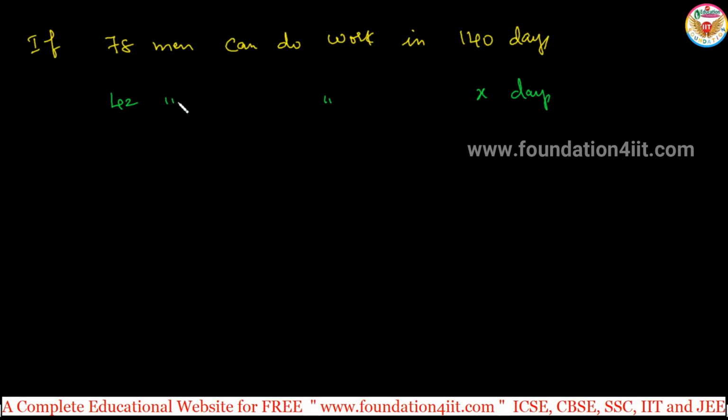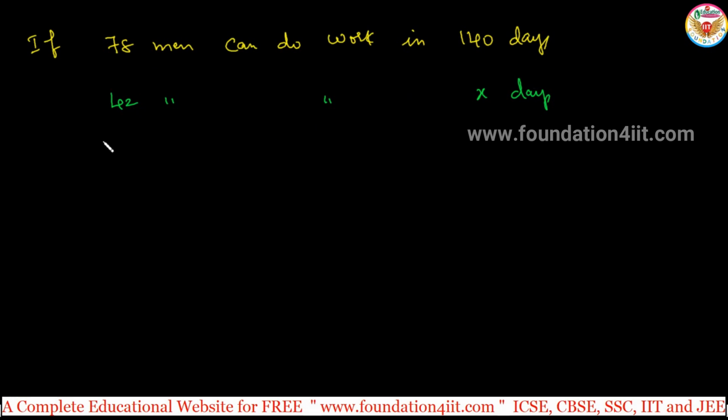This is about inverse variation, because from the question we need to understand whether it is direct or inverse. If one quantity is decreased, the other quantity is increasing here. Men is reduced, so surely the number of days will be more to do the work, right? So it is inverse variation.